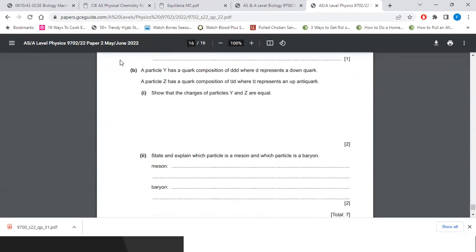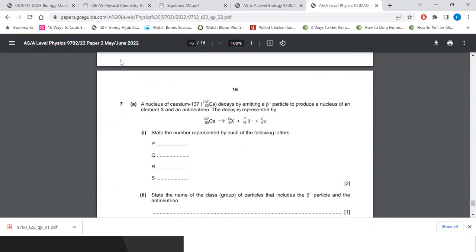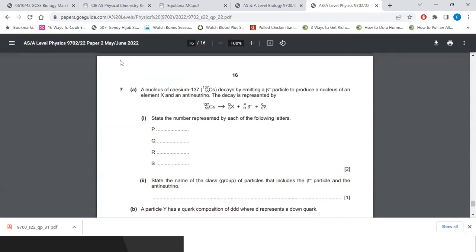A nucleus of cesium decays by emitting a beta minus particle to produce a nucleus of an element X and an antineutrino. The decay is represented by this. State the number represented by each of the following letters.